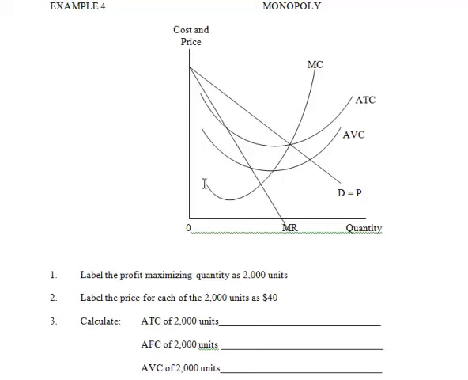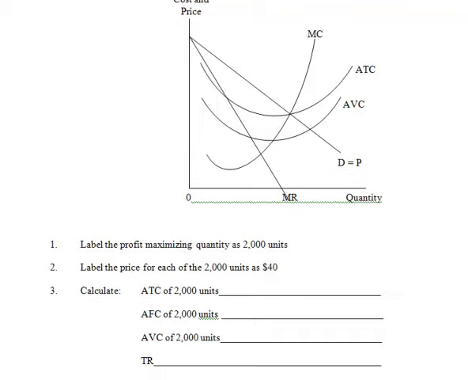Here's MC equals MR. You're going to go straight down, label that 2,000 units, and draw an obnoxious line up and down through this graph. In this problem, I said let's call the price for each one of these 2,000 units $40. So straight up from 2,000 till you hit the demand curve, go over to the price and cost axis, and label that $40.